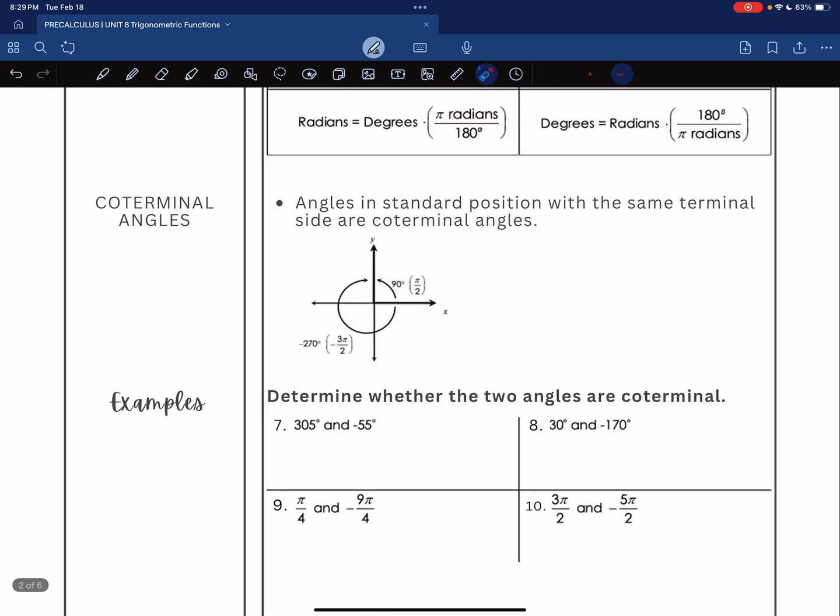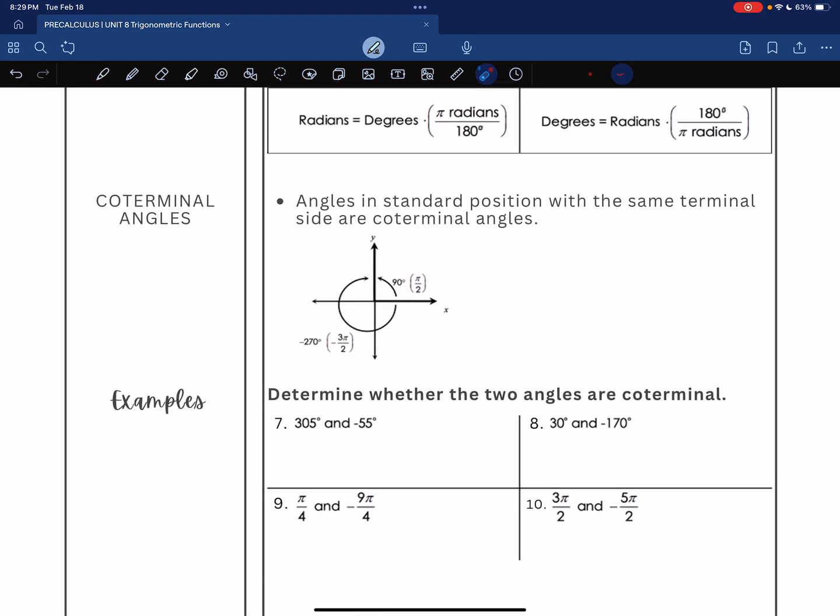But whenever you have an angle in standard position, that terminal side, you could either rotate positively to get there or negatively to get there. And those 2 angles that terminate in the same spot are called coterminal angles.